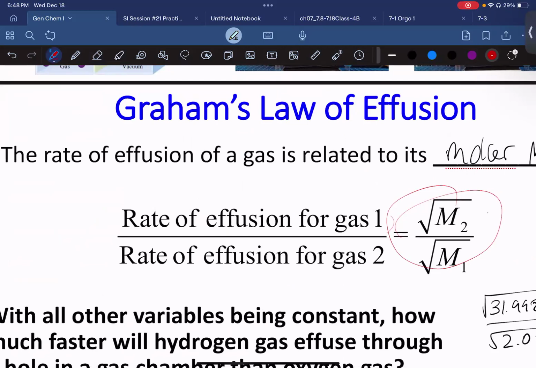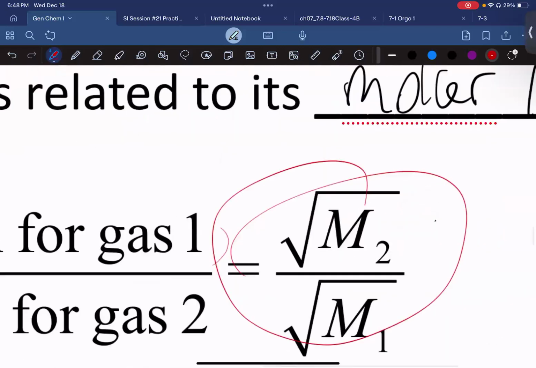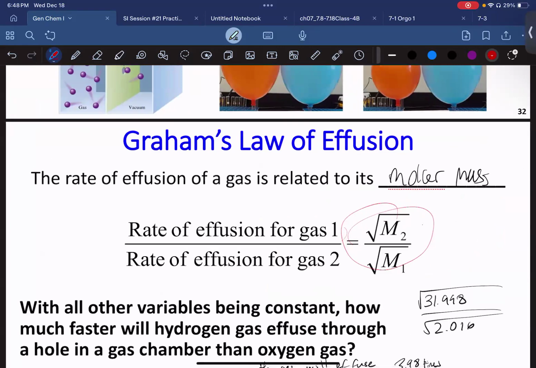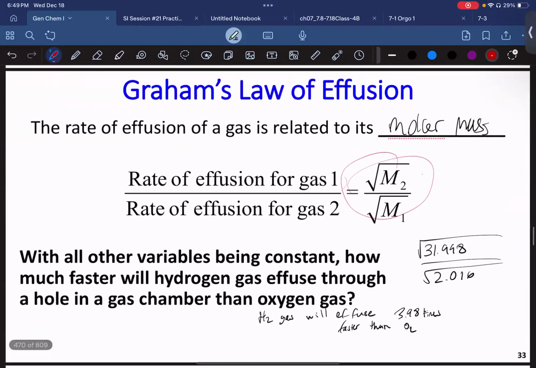If you have a gas with a lower molar mass than the gas you're comparing with, the rate of effusion of that gas will be higher, because molar mass is inversely proportional to speed. The smaller you are, the faster you're gonna be. The heavier you are, the slower you're gonna be. I feel like that's pretty intuitive.